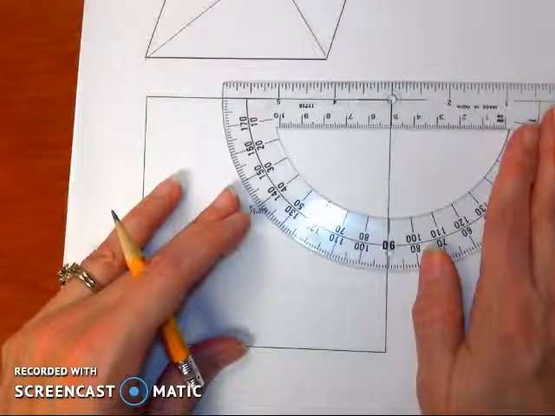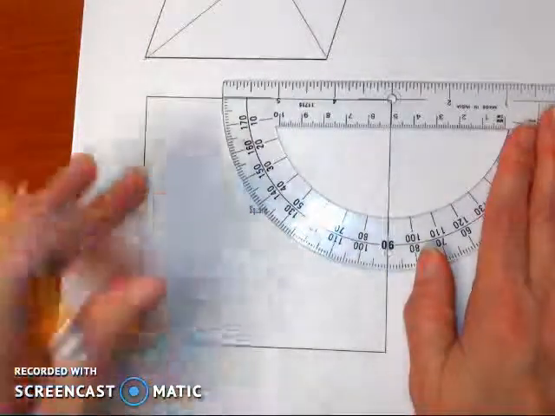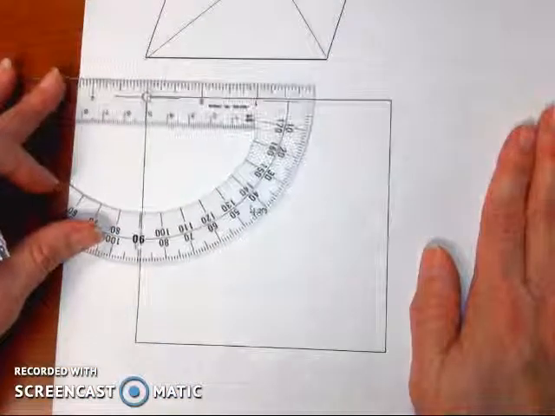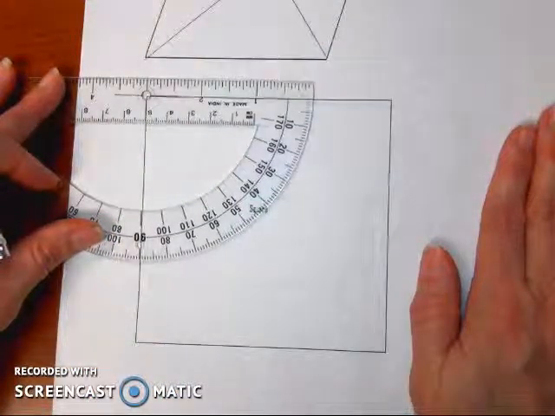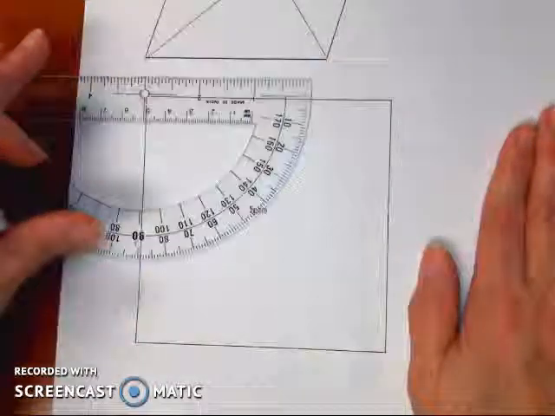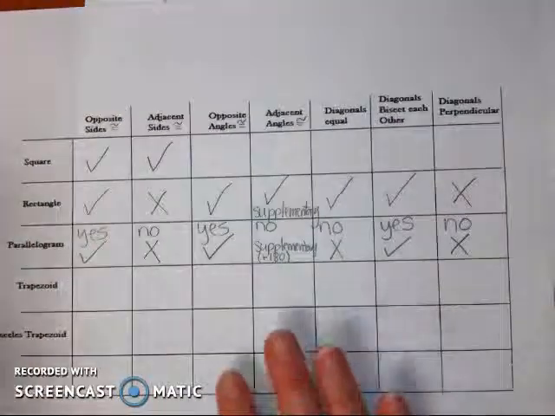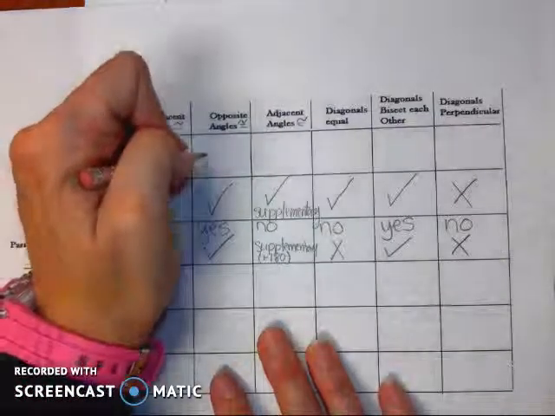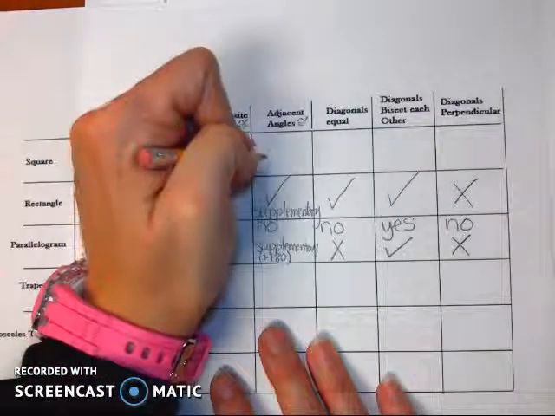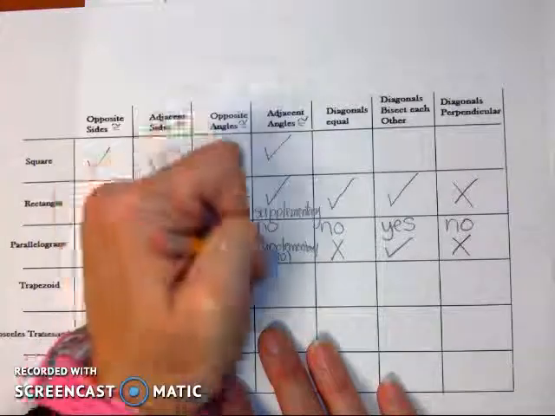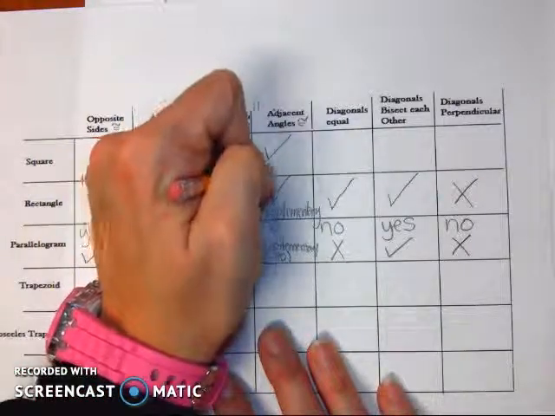I'm measuring each one to show you that all 4 angles are 90 degrees. So when I come back to my table here, were the opposite angles congruent? Yes. Were the adjacent angles congruent? Yes. And because it's a parallelogram, they're also supplementary.